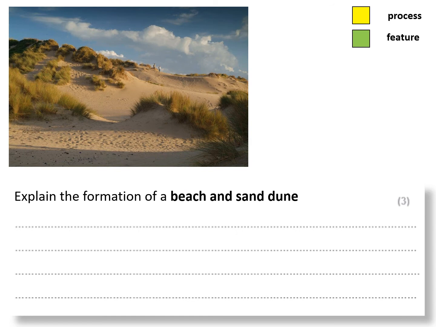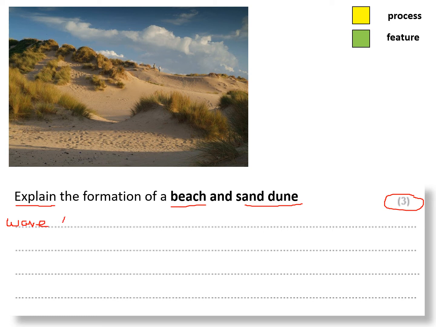For this, we're not going to draw a diagram. Instead, we can just write it in a really simple way. So we're going to explain the formation, how it's made, of a beach and sand dune. And it's a 3-mark question. We're going to keep it simple. The first thing you need to write about is the wave type.